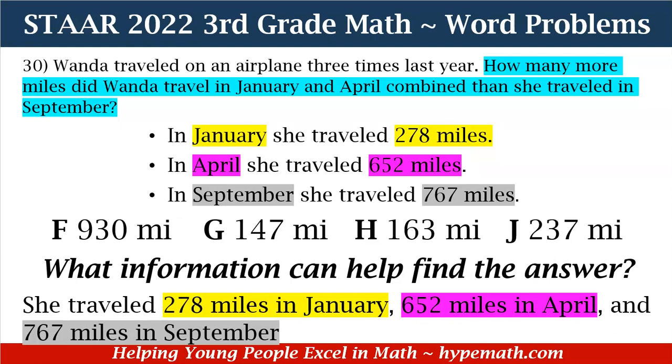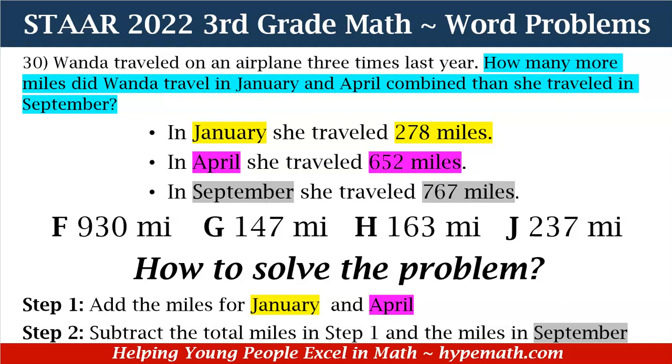The information that can help us find the answer is, number 1, she traveled 278 miles in January. In April, she traveled 652 miles. And in September, she traveled 767 miles. That is the information we need. And remember, we are combining January and April, and then we're finding the difference between those miles in September.